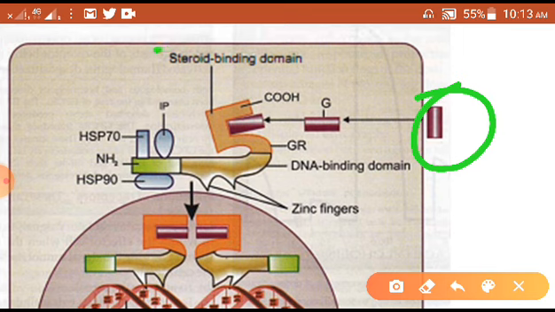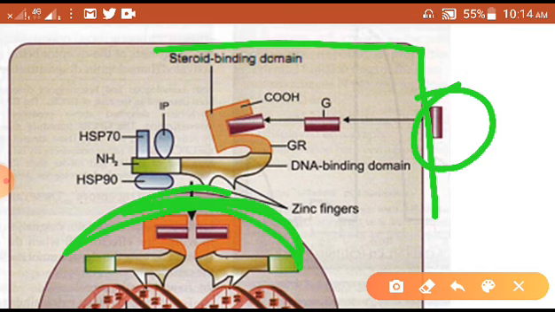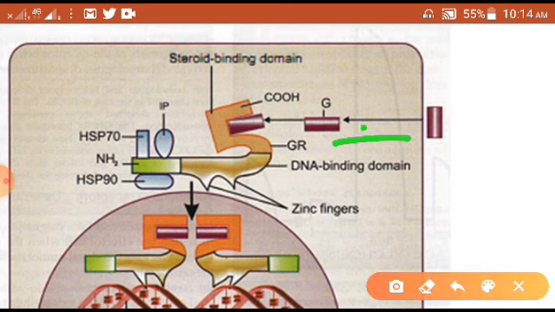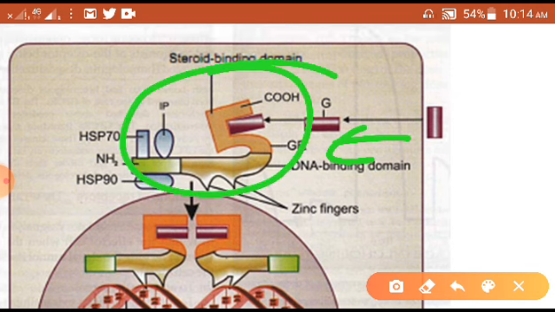This is a cell, and this is the nucleus. So you can understand this point well. When this glucocorticoid enters the cell, it binds with the steroid binding domain. You see this structure here.